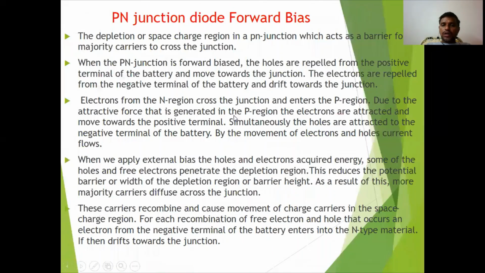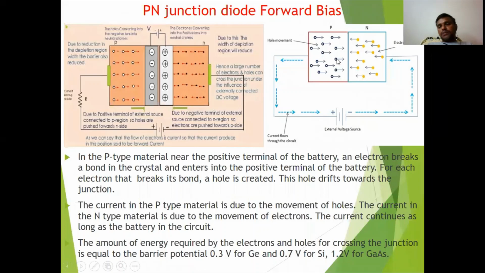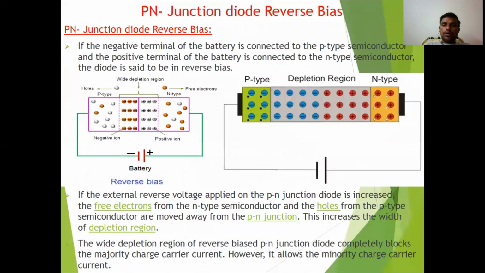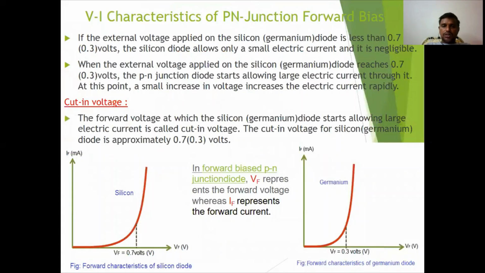At this point the depletion region width is completely reduced, and therefore the electrons and holes will freely move from n-type to p-type and p-type to n-type. Because of that, a large amount of current flows in the p-n junction, from p to n.